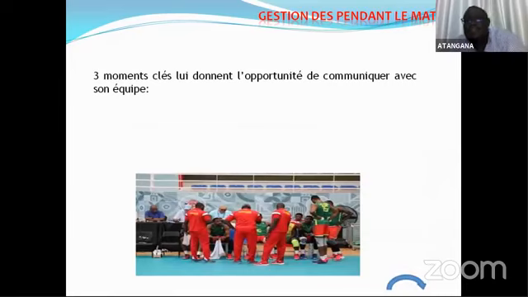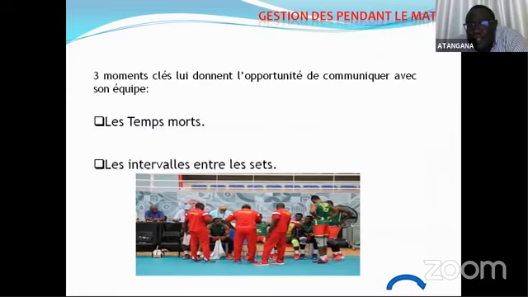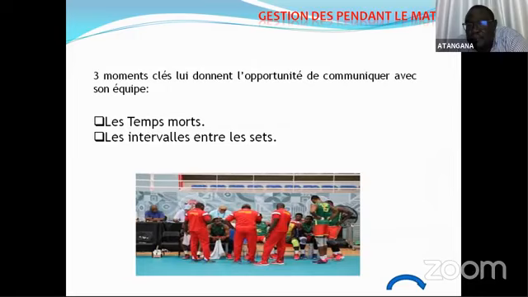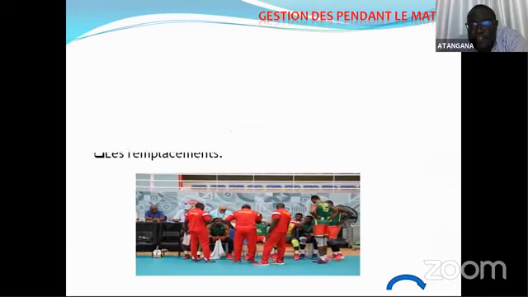And this communication is very important in 3 key moments: during the time out, between 2 sets, and during the substitution, as we heard with Captain Sherif.